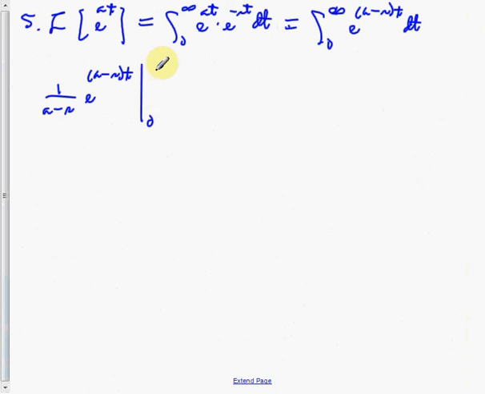That's evaluated from 0 to infinity. And that equals 1 over a minus s times e to the a minus s times t, with t going to infinity.